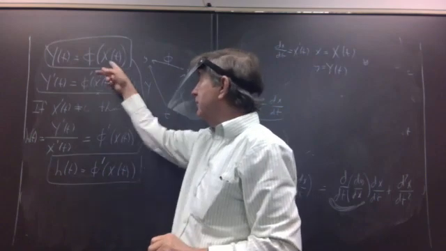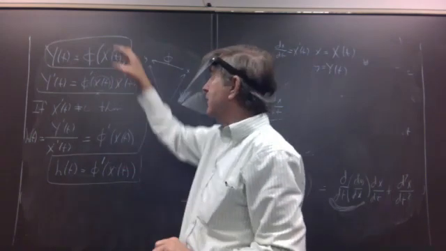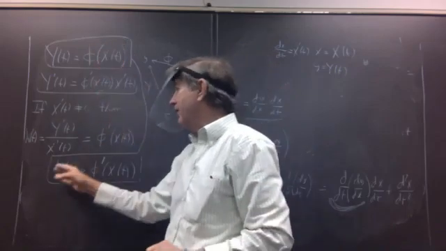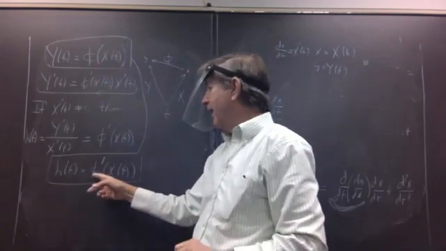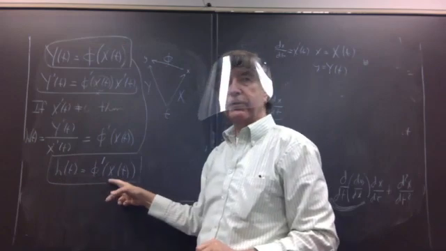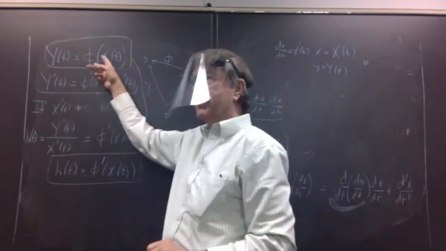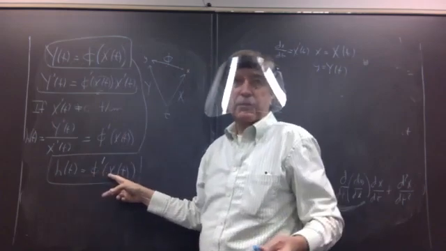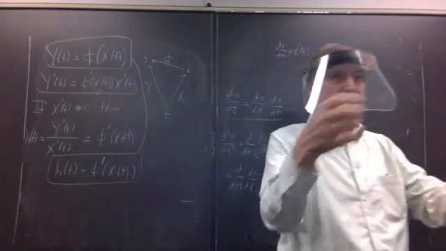If you stare at these two things, you should see it's the same kind of thing. On the left, we have a function. On the right, we have a composition of functions. Up here, it's phi of x of t. Down here is phi prime of x of t. That's still a composition of functions.